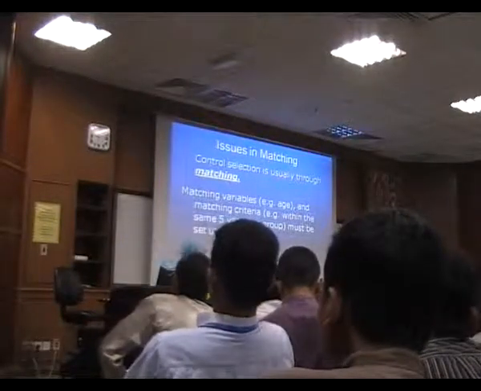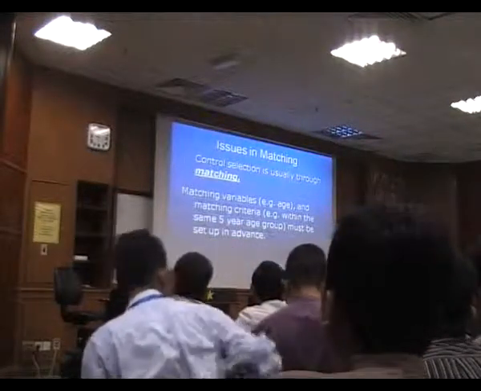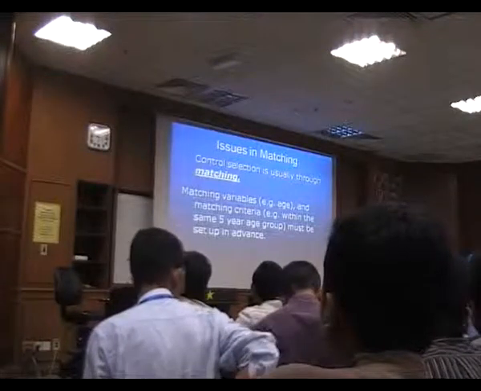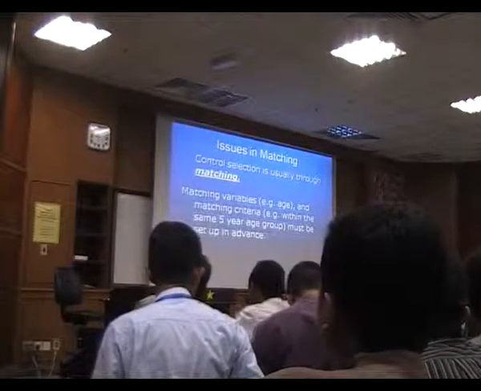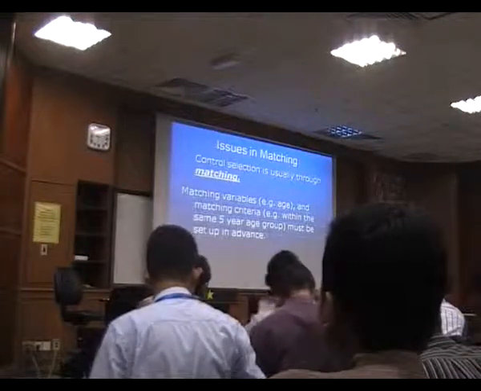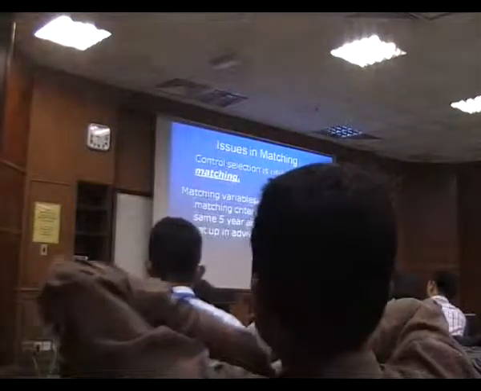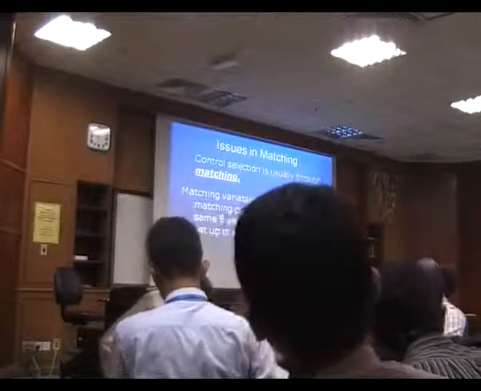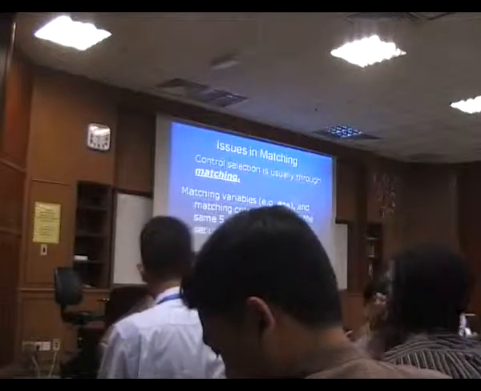During design, you have to think about the matching, not afterward. For instance, if you want to select the cases aged 20 to 40, then you need to select the controls also within 20 to 40 years. This is called matching, because both case and control are matched with the same age group. Okay? You understand that? And it should be set up during the designing stage.